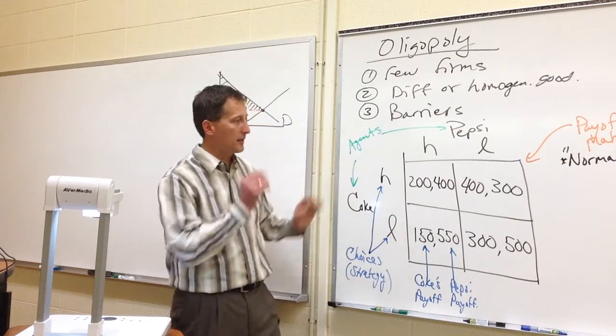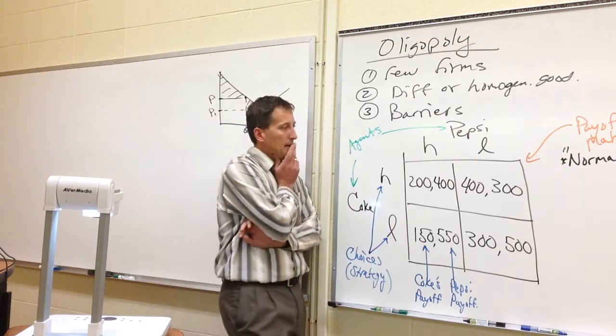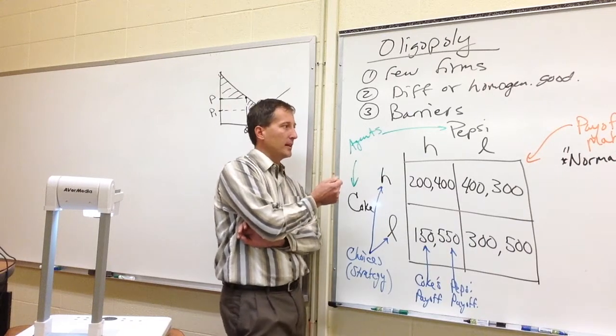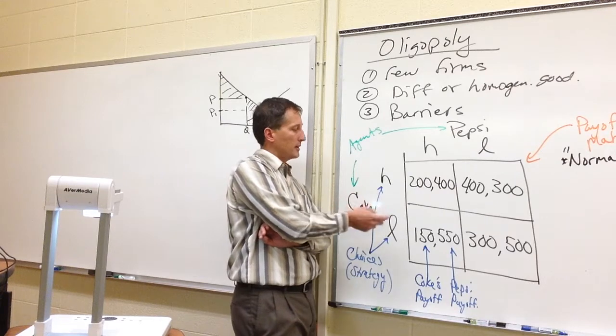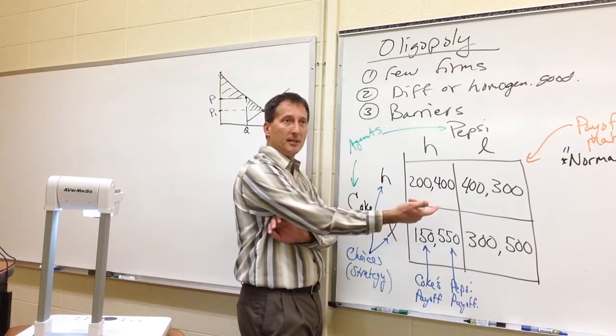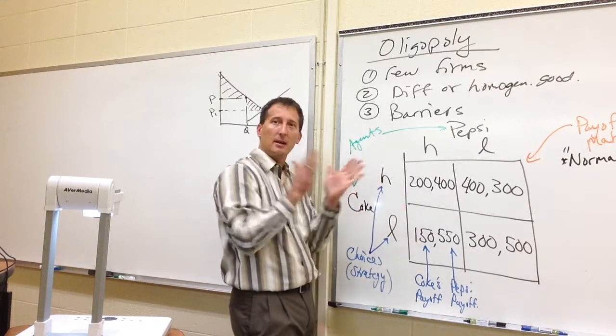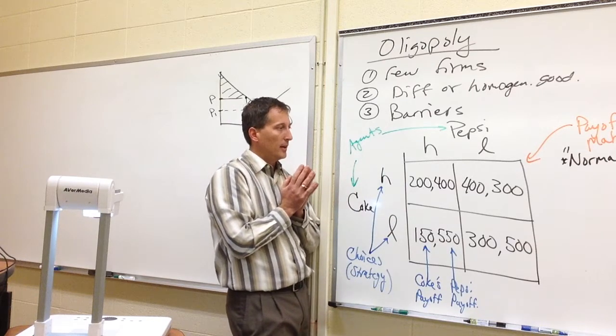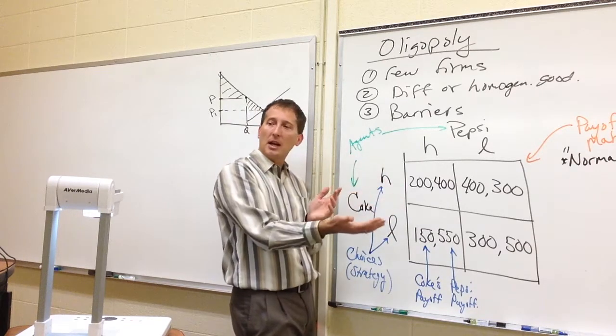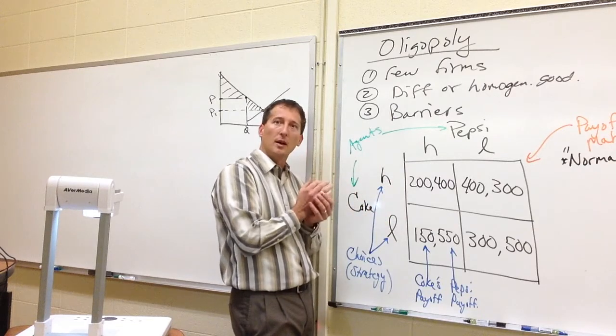And when we play these games, it's important to know if we're playing a simultaneous game or a sequential game. So does Coke go first and then Pepsi? Or do they both choose at the same time without knowing the other one? That's called a simultaneous game. Is this played a repeated number of times, or just once?